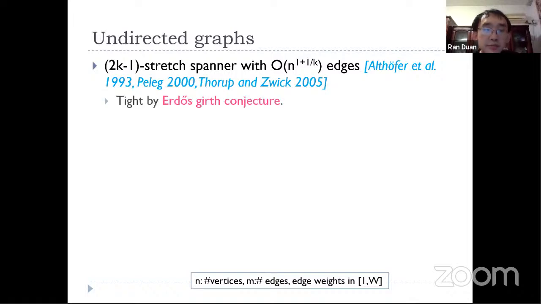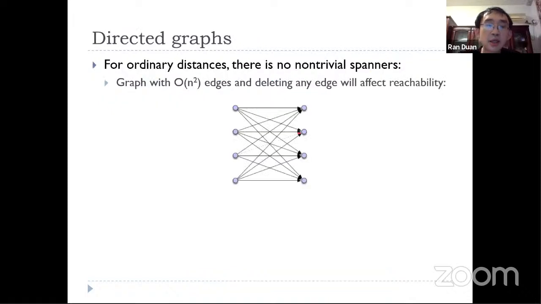And this trade-off between the stretch and the size of the spanner is tied by the Erdos girth conjecture. Here n is the number of vertices. But in directed graphs, if we just consider the distance from every vertex to another, then of course there are no non-trivial spanners.